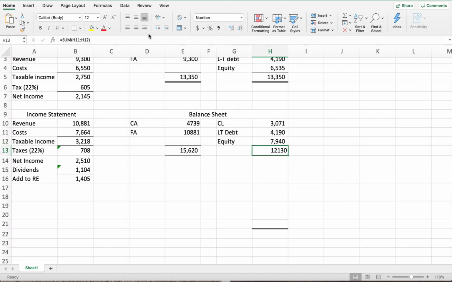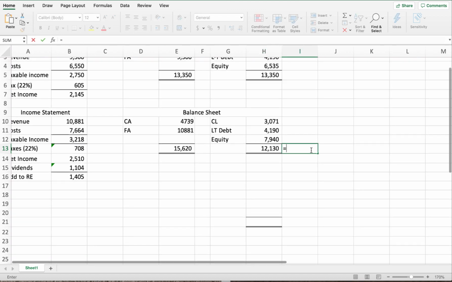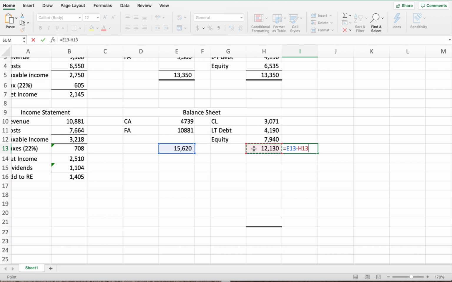Okay? So, does my debt and equity match? No. Or I'm sorry, does the left side match the right side? No, it does not. Well, what's the difference? Well, that's easy. I have 15,620 in assets, 12,130 in liabilities and equity.